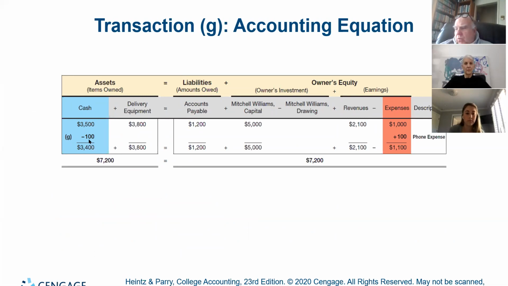Cash went down $100 and the expense went up $100. So now he has revenues of 2,100 versus expenses of 1,100. So right now his profit is $1,000, and that will eventually be brought over to the capital at month end.